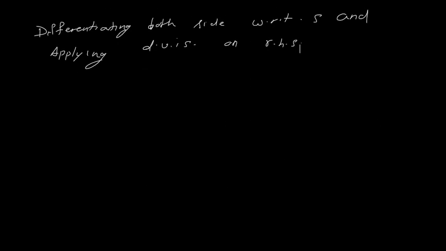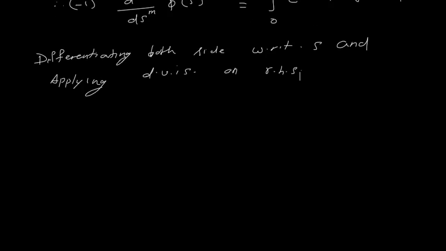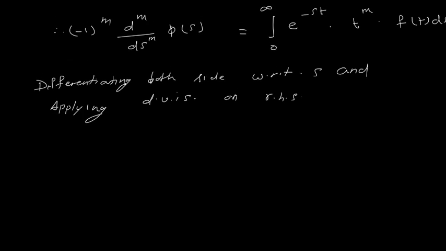I differentiate one more time, so here it will become minus 1 power m, this will become d power m plus 1 upon ds power m plus 1 into phi of s, is equal to, here we differentiate, so it is 0 to infinity.